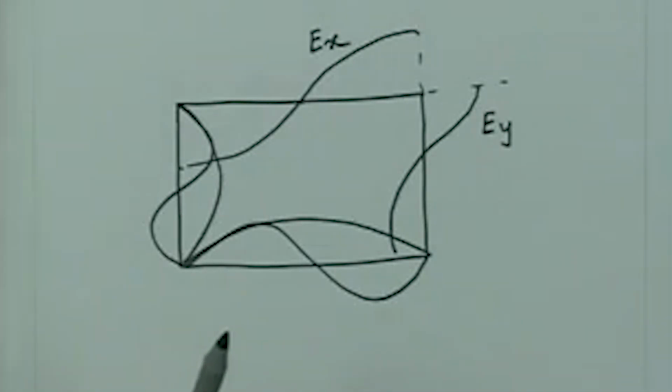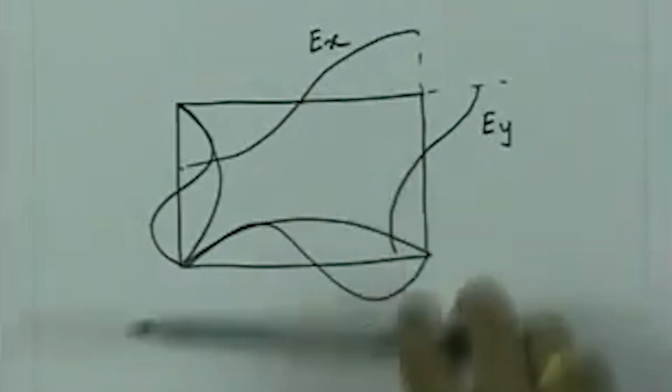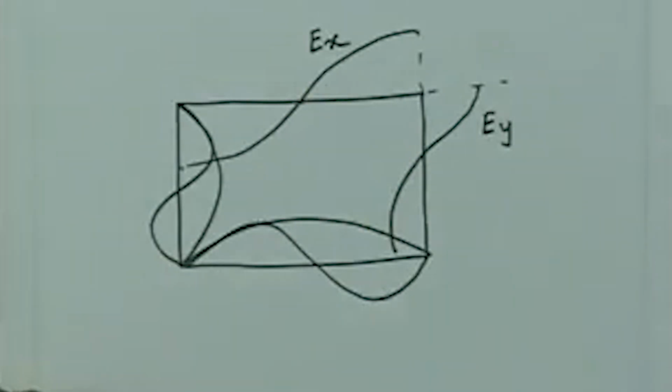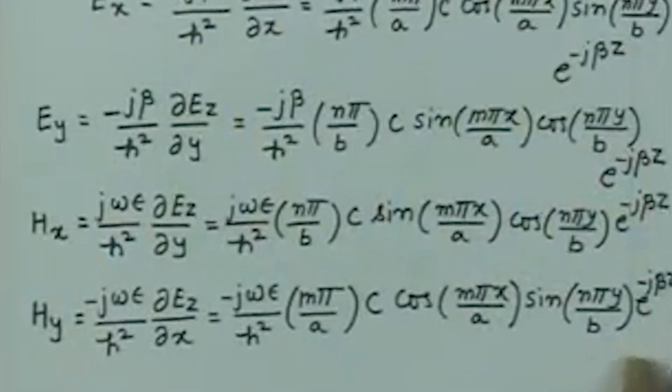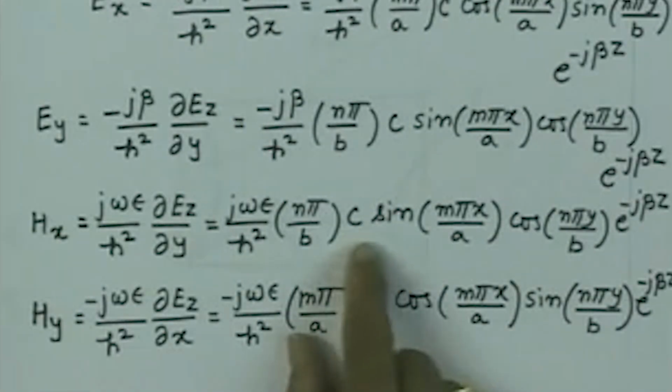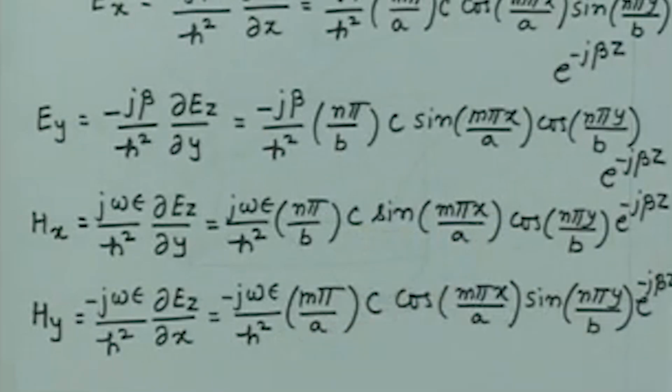Once we get this understanding that the electric field which is like that is maximum on this boundary, and if I look at the magnetic field, let us say I take the x oriented magnetic field, it has a sine variation in the x direction and cos variation in the y direction.